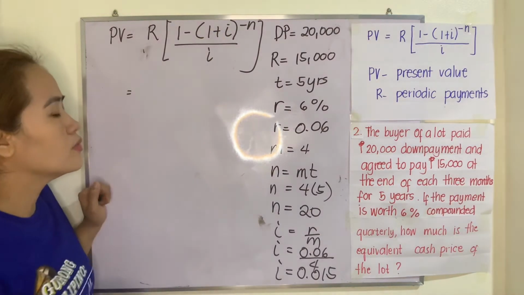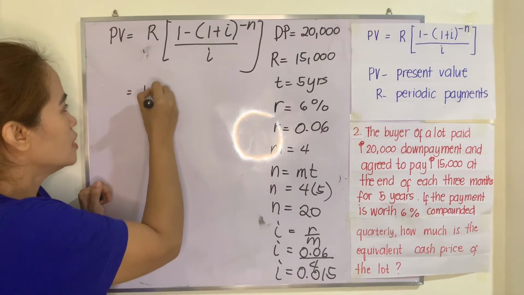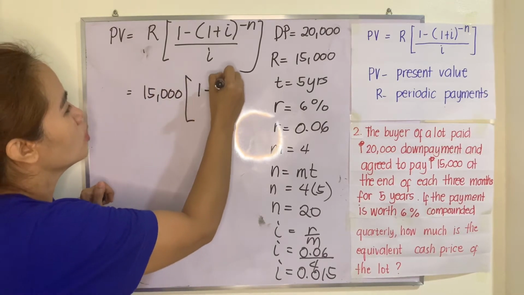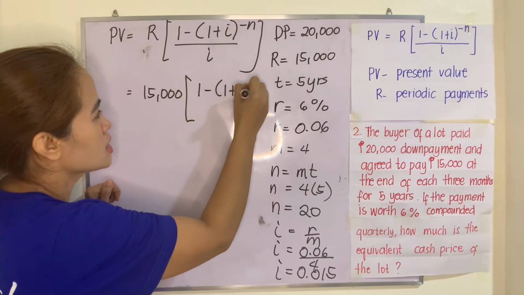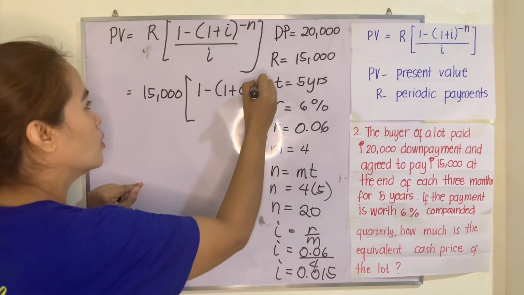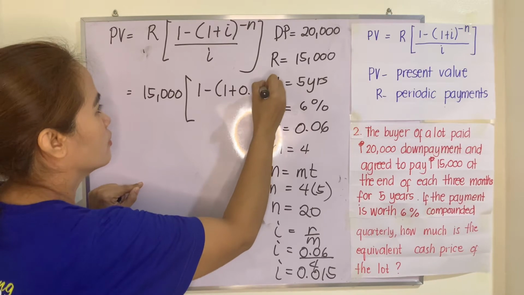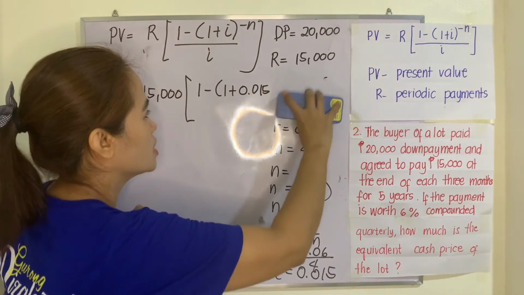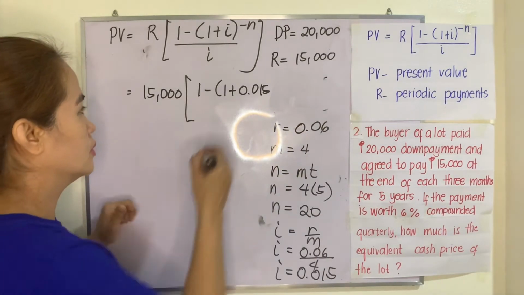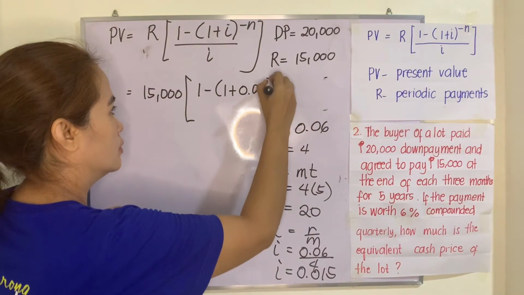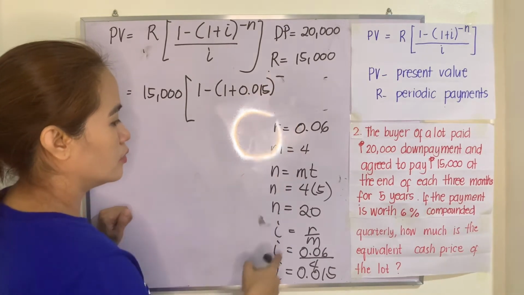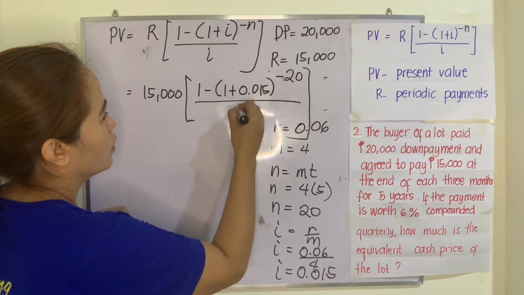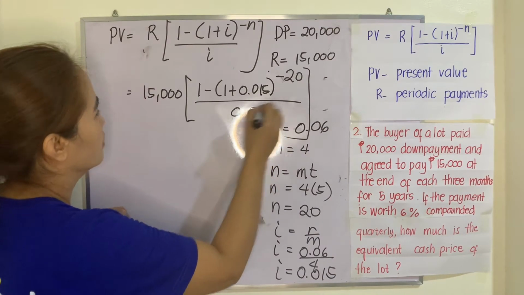R multiplied by 1 minus 1 plus I raised to negative N, divided by I. So we have R is 15,000 multiplied by 1 minus 1 plus 0.015 raised to negative 20, divided by, of course, 0.015.